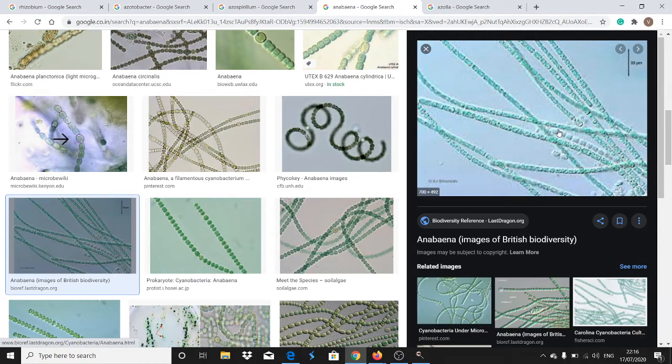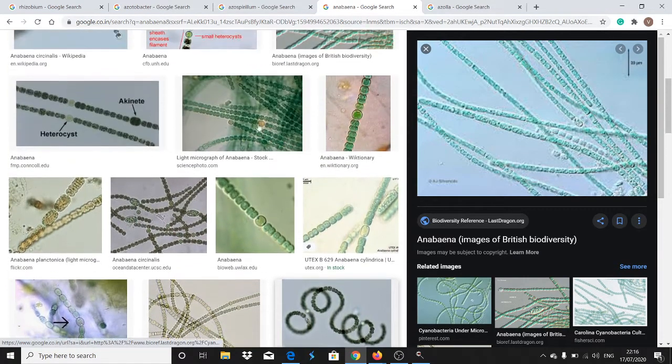Another part is they have the ability to fix nitrogen, and they also form a symbiotic relationship with certain plants, like the coralloid roots of Cycas or Anthoceros thallus. It has some specialized and colorless cells called heterocysts. These are the sites of nitrogen fixation.